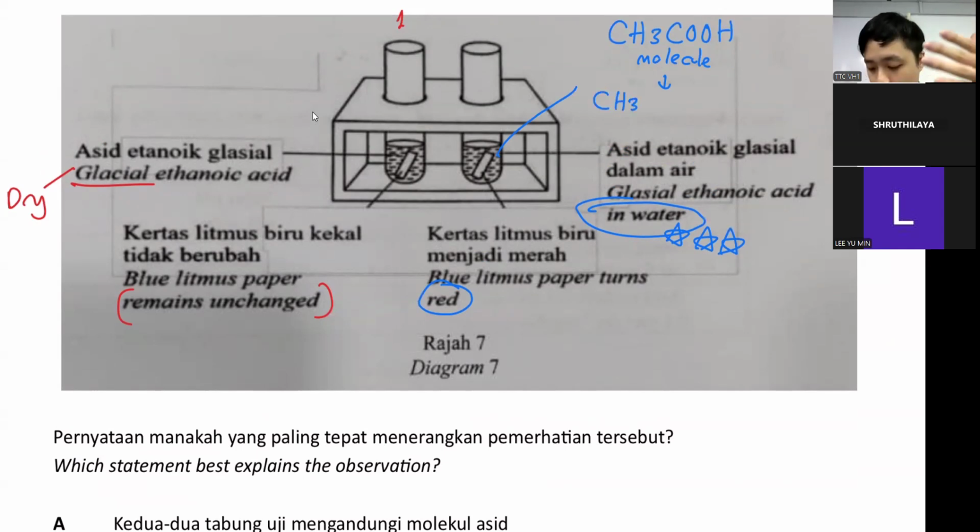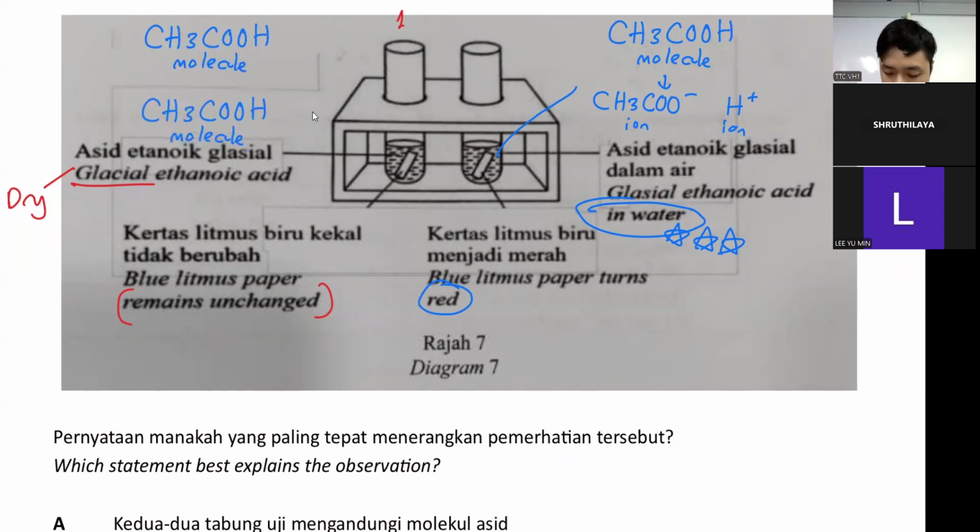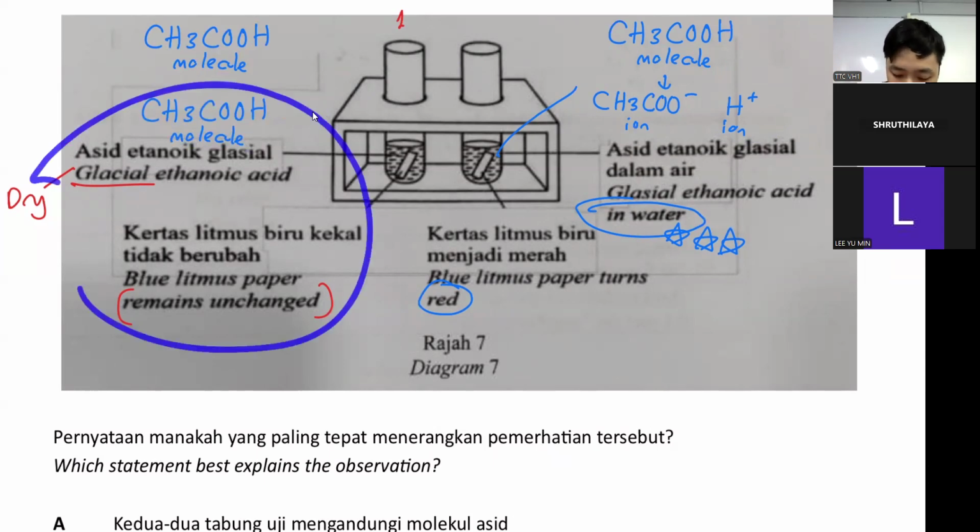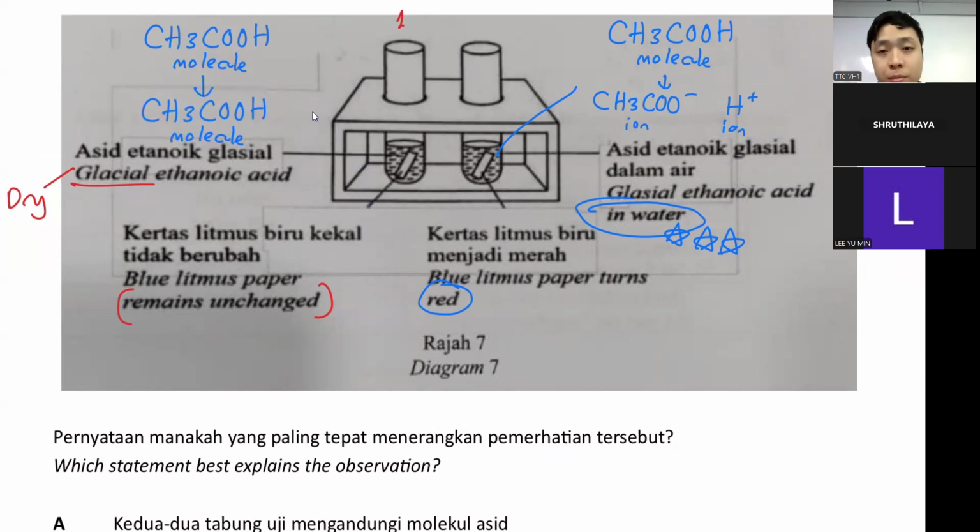In Malay, it's called mengion. Become ethanoic ion, CH3COO minus, and the most important one is hydrogen ion, because this is the ion to show its acidic properties. Okay, but for this one, molecule remains molecule because no water.